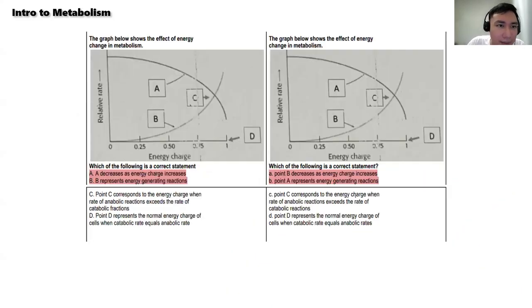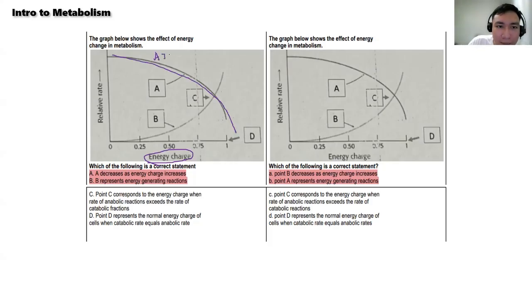Next. The graph below shows the effect of energy change in metabolism, which of the following is a correct statement. So, logic guys. Kung mataas na yung energy ng cell mo, kung mataas na yung number of ATP mo, kailangan ba gumawa ka pa ng ATP or energy? Hindi na. Anong gusto mong gawin doon sa energy mo? Gamitin mo. Diba? So, the higher your energy charge, what will happen to your ATP generating pathway?